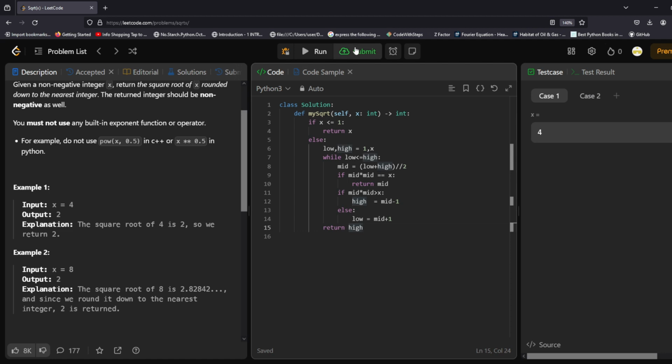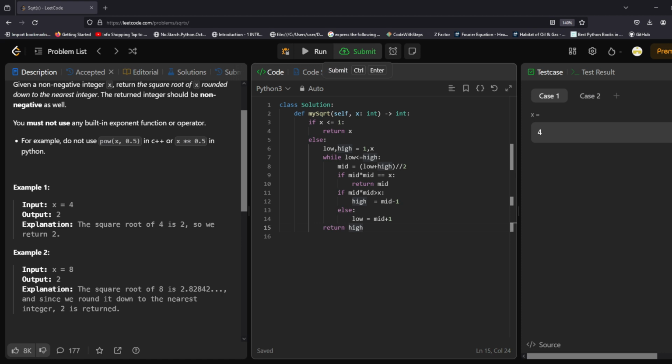If we submit it, sorry, network issues. Let me connect my network and try resubmitting. I think it should connect by now.